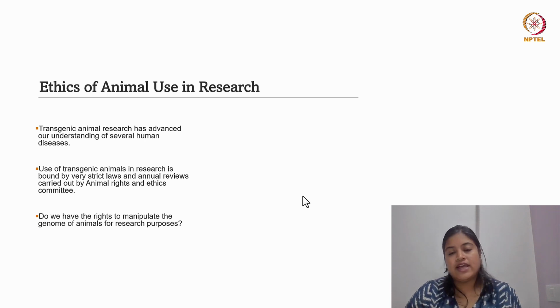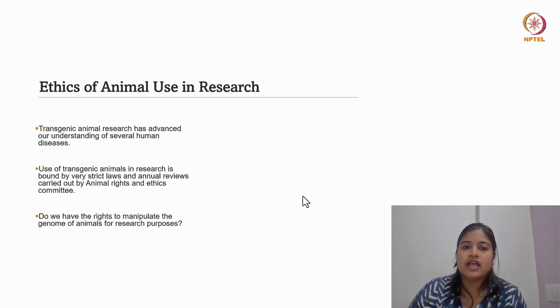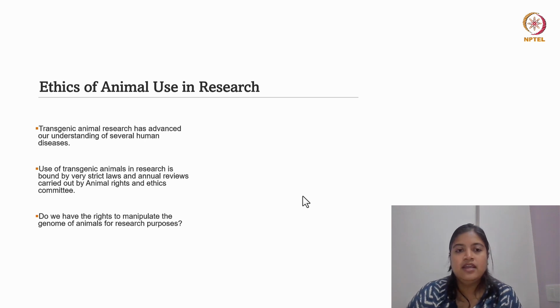So there is a lot of animal ethics, and there is an animal committee which guides a lot of these research initiatives. Yet, even if we take care of all of this, the question remains whether we have the right to manipulate the genome of these organisms and use them for studies related to human diseases. I leave the question up to you.